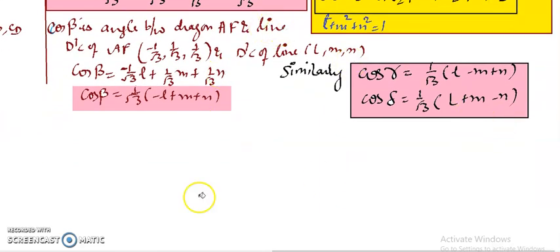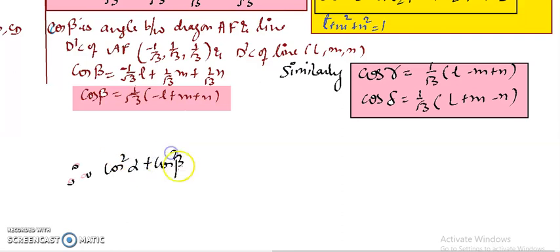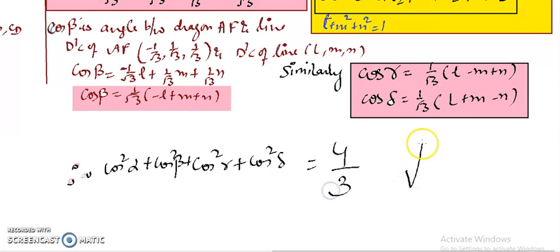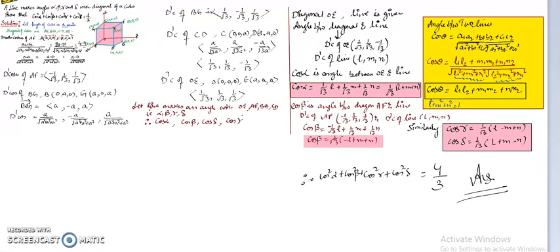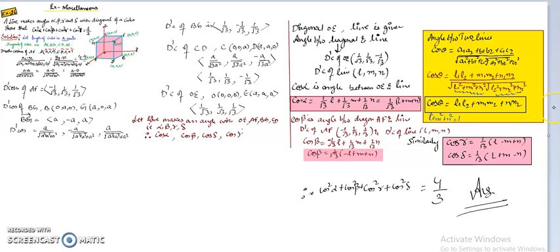It's your homework. So cos square alpha plus cos square beta plus cos square gamma plus cos square delta, after squaring and adding, you will get 4/3 as the answer. So hence this was the proof of this very important, lengthy question.